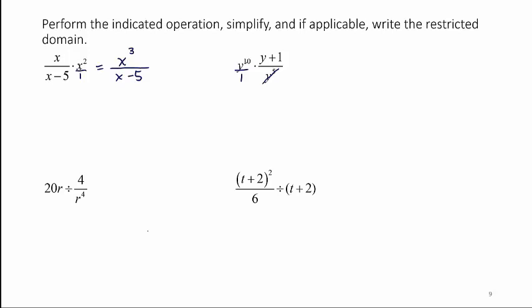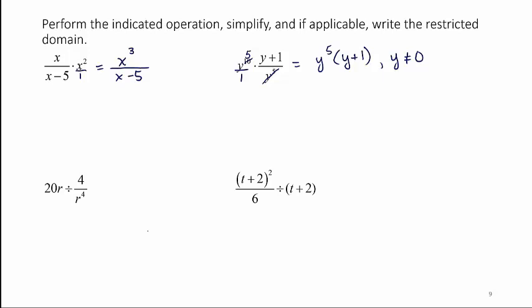So 5 of them will cancel out, and we're going to be left with 5 of them upstairs, yes? Okay, so then we've got y to the 5th times y plus 1. And I would add to that, y can't be 0, right? Because we canceled out that factor of y to the 5th. If y is 0, that makes the denominator 0.